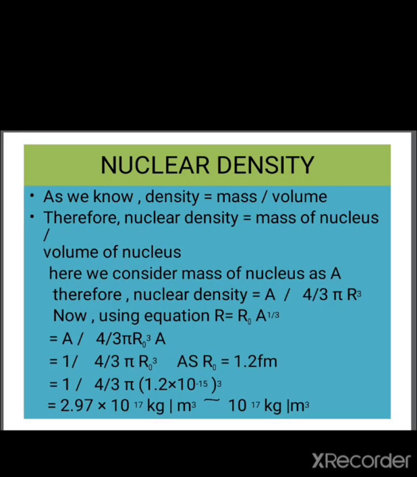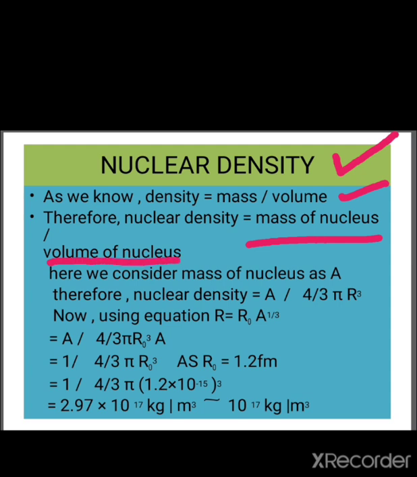Now, in this lecture, we will discuss the next property of our nucleus, that is nuclear density. As we all know, density is equal to mass per unit volume. Therefore, for calculating nuclear density, the formula will be mass of nucleus upon volume of nucleus.